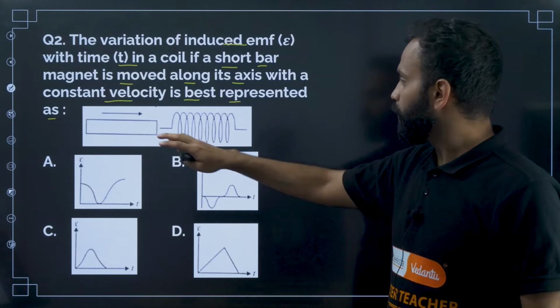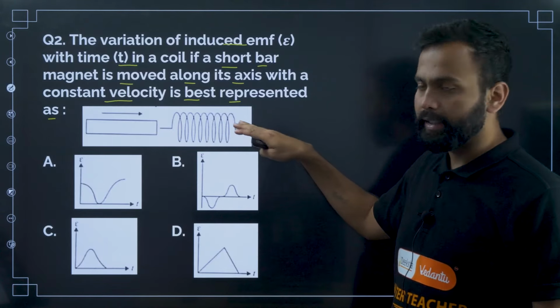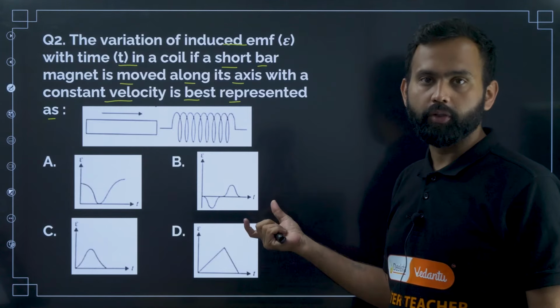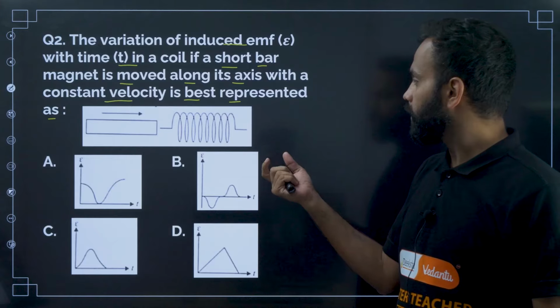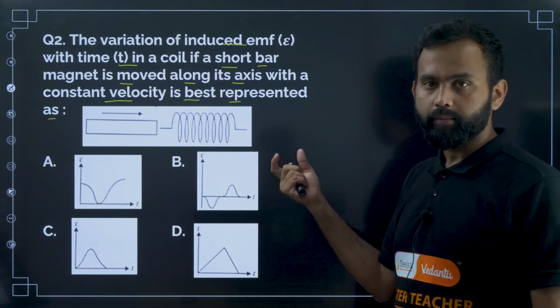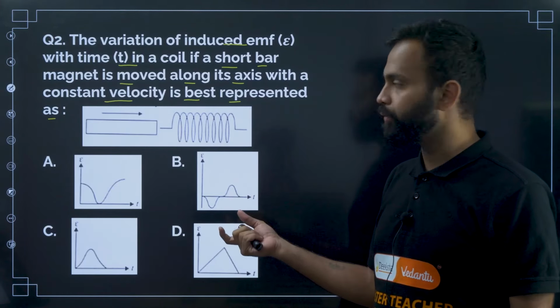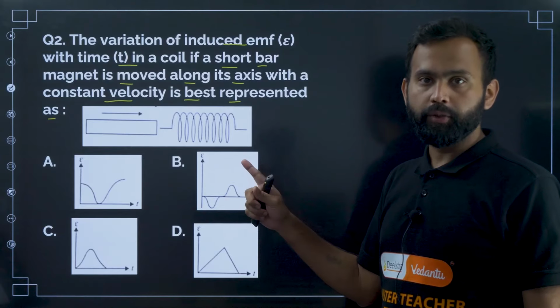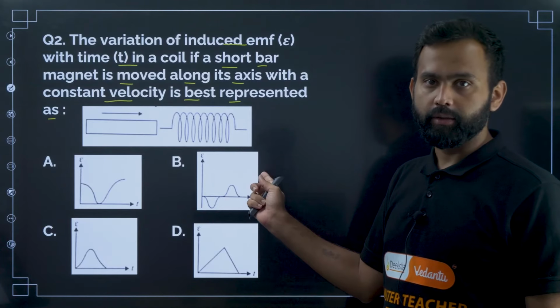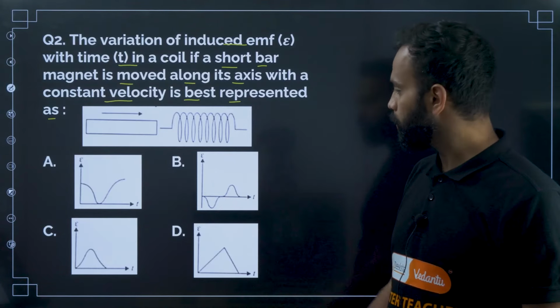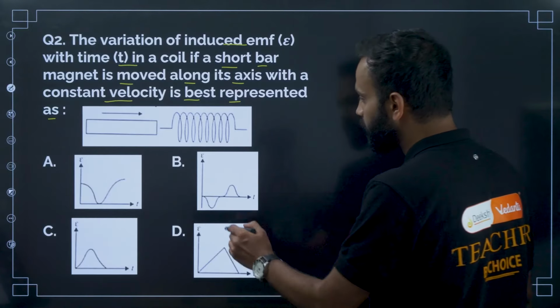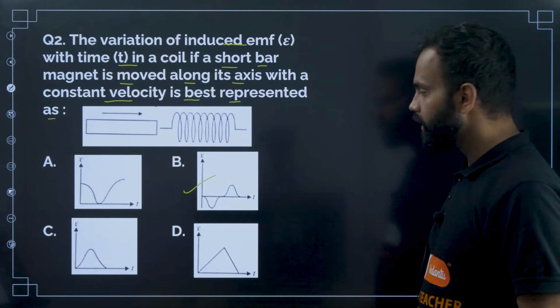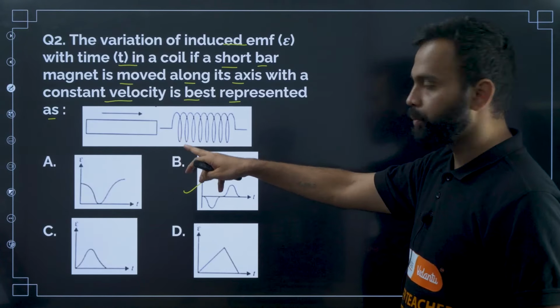When the bar magnet moves inside this coil with constant velocity, what happens? Magnetic flux changes with the time. So induced EMF will be in the opposite direction. So the correct option has to be B, right? First, induced EMF will be in the opposite direction.